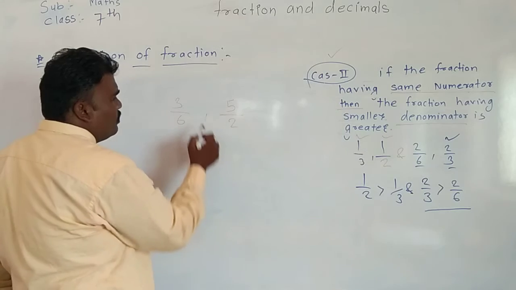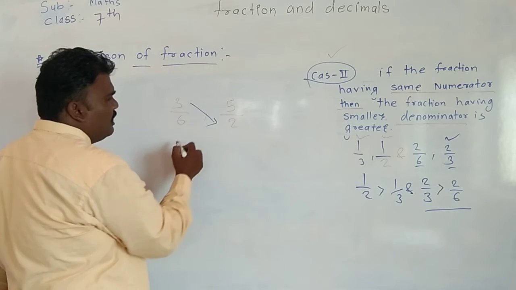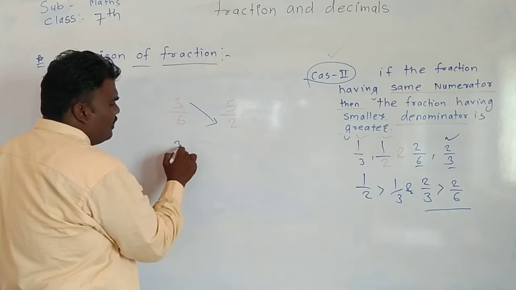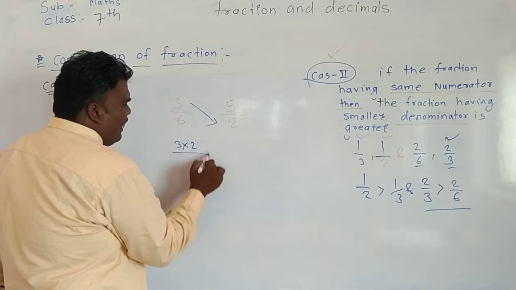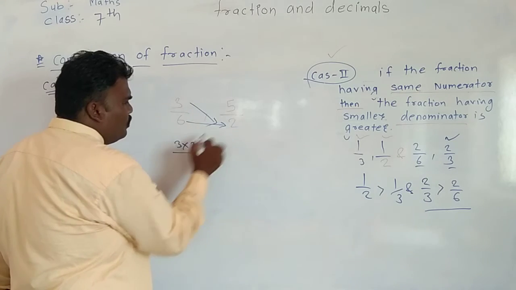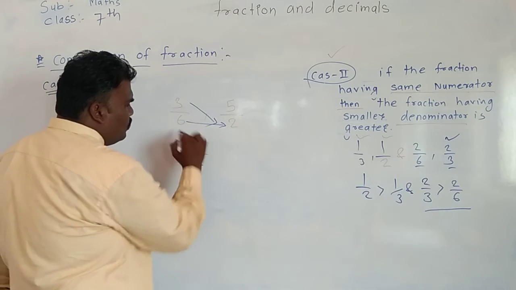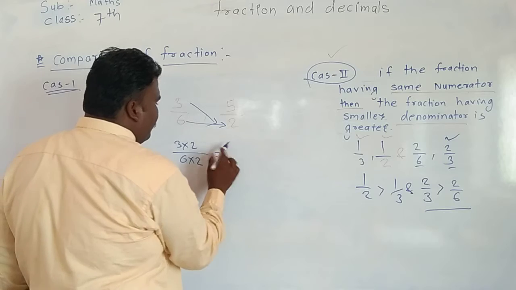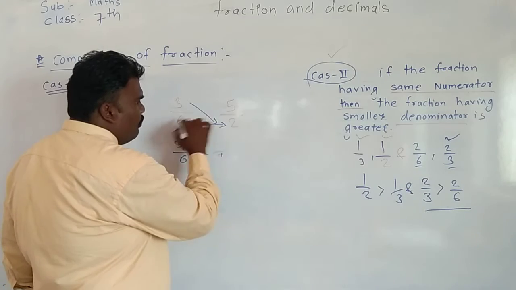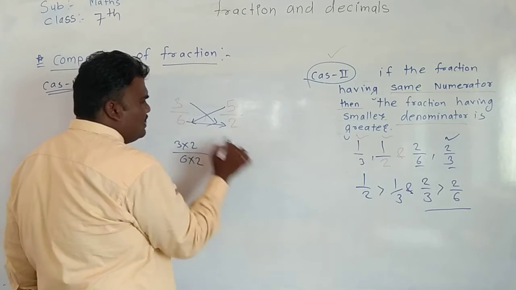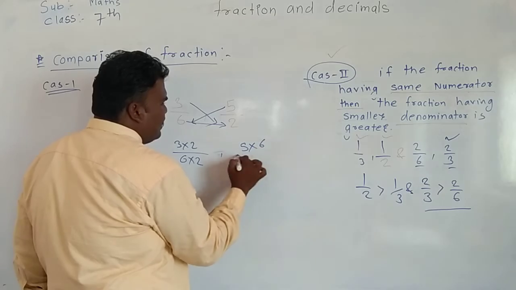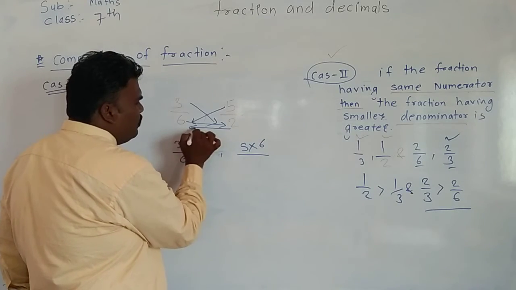In such cases, we have to do cross multiplication. This 3 into 2 and 6 into 2, and here we have to multiply 5 with 6. 5 into 6 and this 2 into 6.